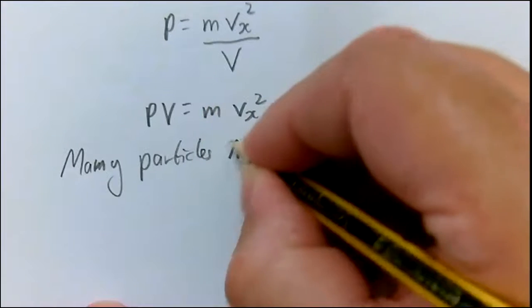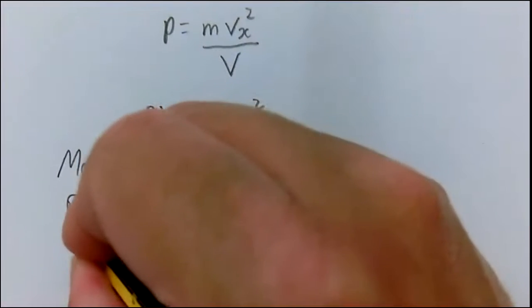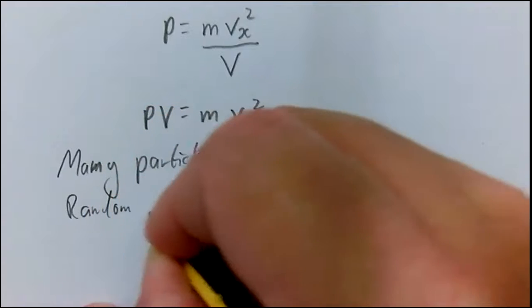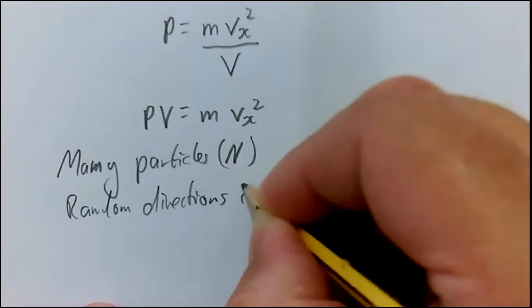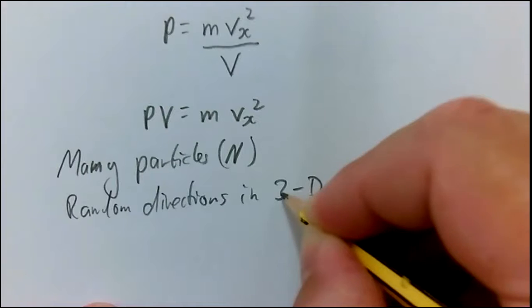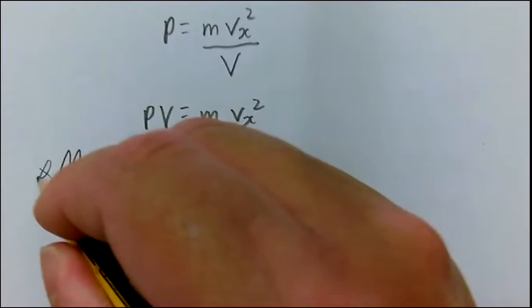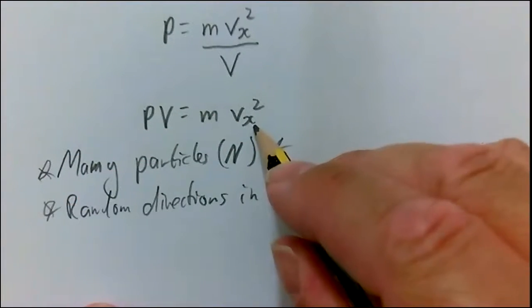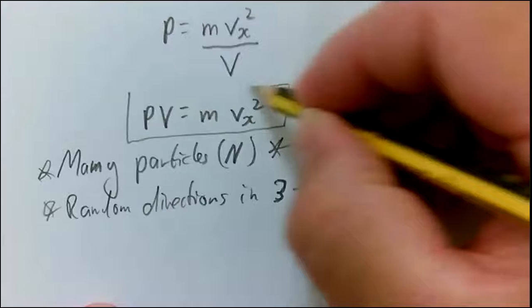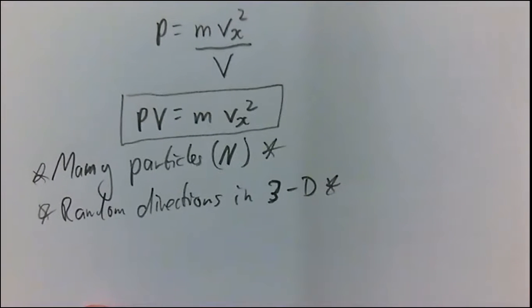So we've got n particles, in random directions, in 3 dimensions. That gives us 2 particular cases where this formula starts to fall down. I think it's still an important one to know about because we'll come back to it. So there are 2 things to think about.